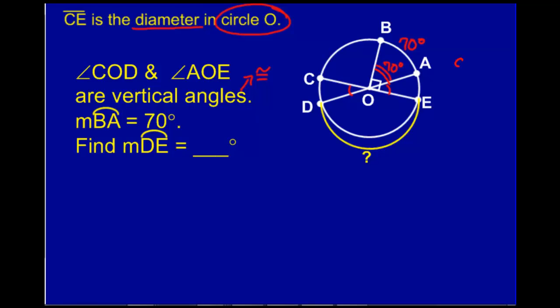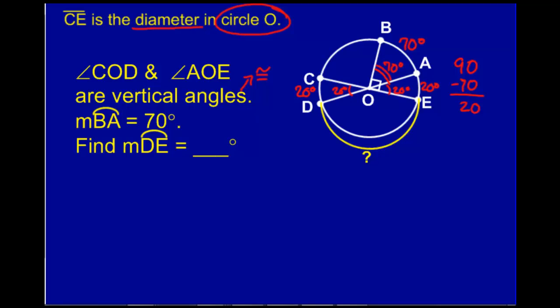So 90 minus 70 is going to be 20 degrees. So what do we got here? That angle's 20. If angle AOE is 20, arc AE is also 20. What do we look at? Vertical angles, they're congruent. If this angle's 20, this angle's 20. If that angle's 20, this arc is 20 degrees.